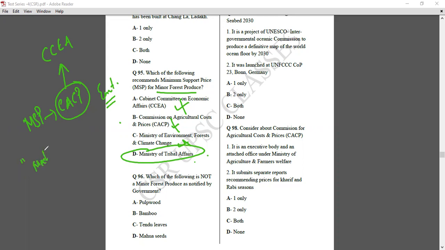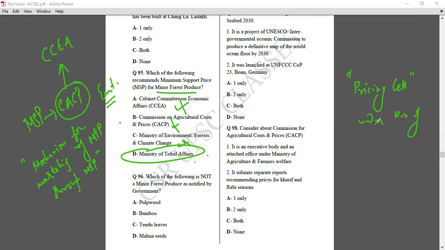There is a scheme, mechanism for marketing of minor forest produce through MSP. It is an ongoing scheme. There is a pricing cell set up under Ministry of Tribal Affairs.